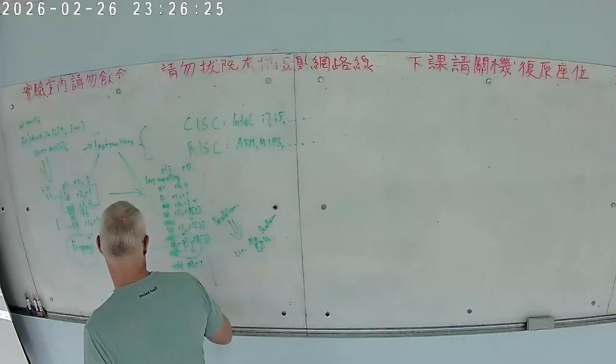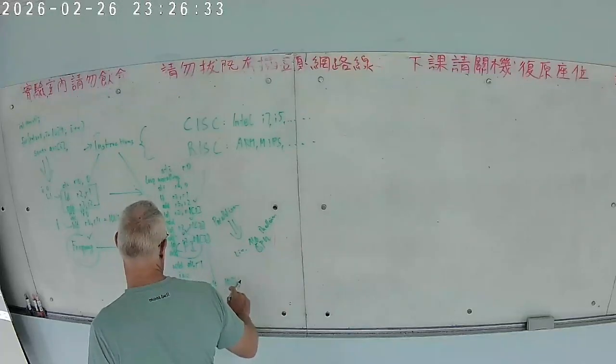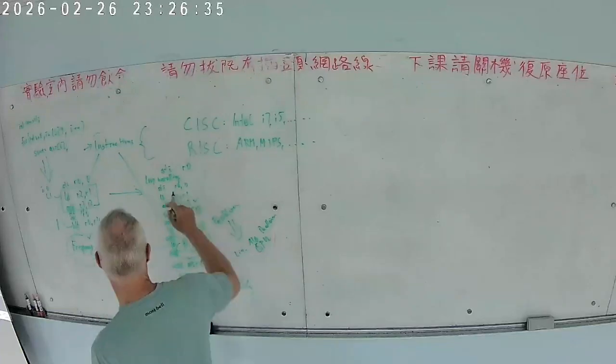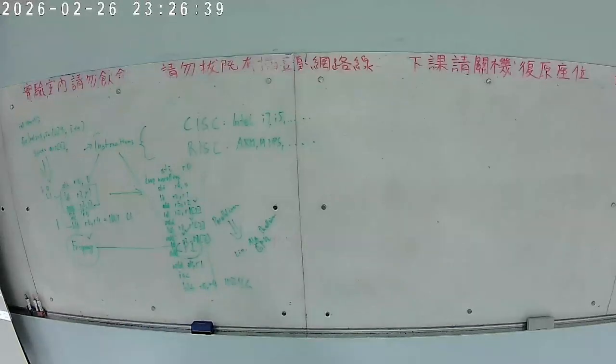But now I don't need to branch on 1024, I need to branch on 1024 divided by 4. Every loop I now do 4 additions, because I take 4 elements and add them together. So that's called loop unrolling.